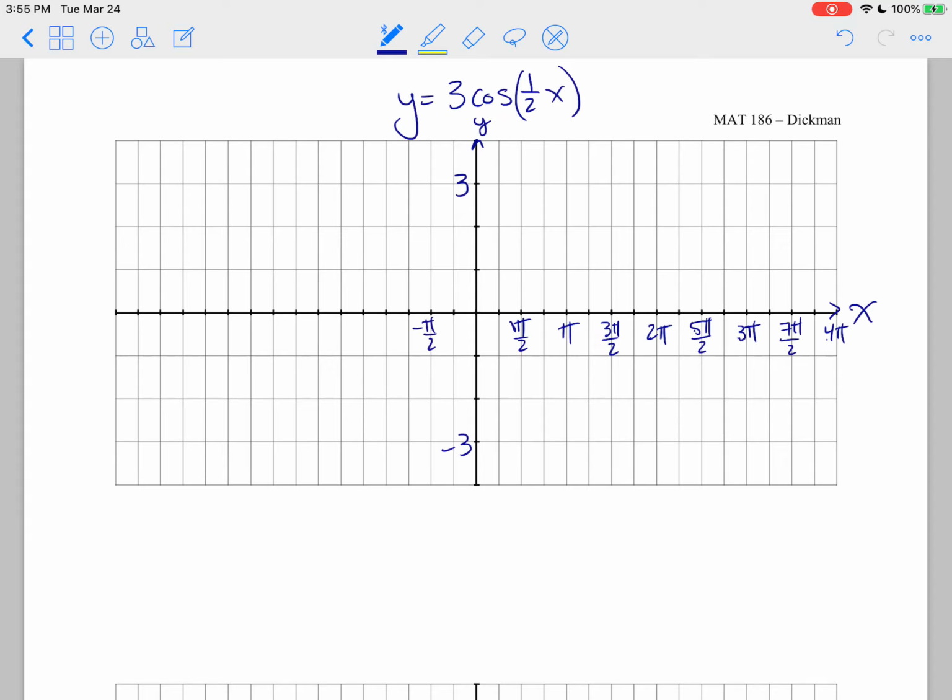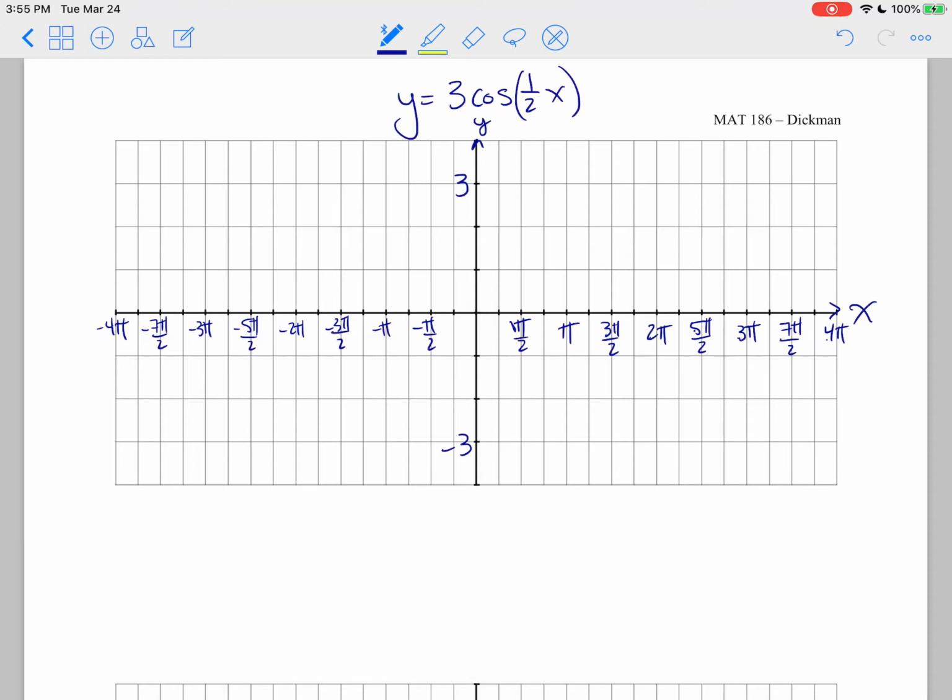And I'm going to do the same thing in the negative direction. So negative pi over 2, negative pi, negative 3 pi over 2, negative 2 pi, negative 5 pi over 2, negative 6 pi over 2, negative 7 pi over 2, negative 8 pi over 2.